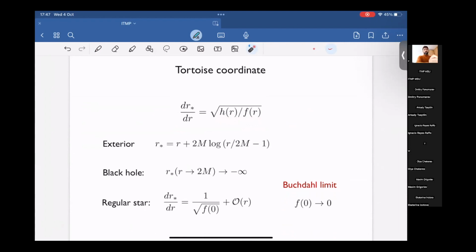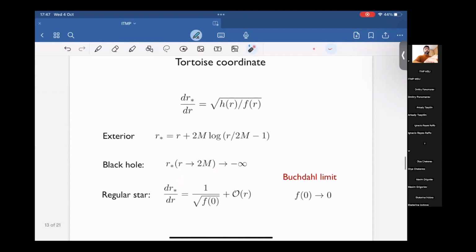In the exterior, you can just integrate this equation for the Schwarzschild vacuum solution, and you find the usual thing. The thing to notice for this solution for black holes, which is of course very well known, is that if you take the radius going to the horizon, the tortoise coordinate goes all the way to -infinity. The horizon is located at that region where our star goes to -infinity.